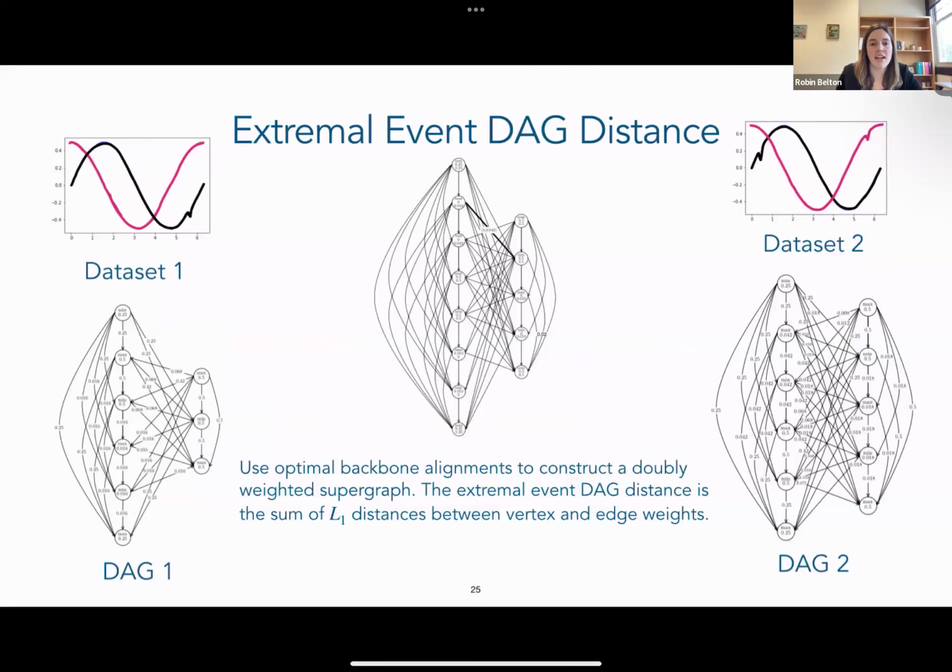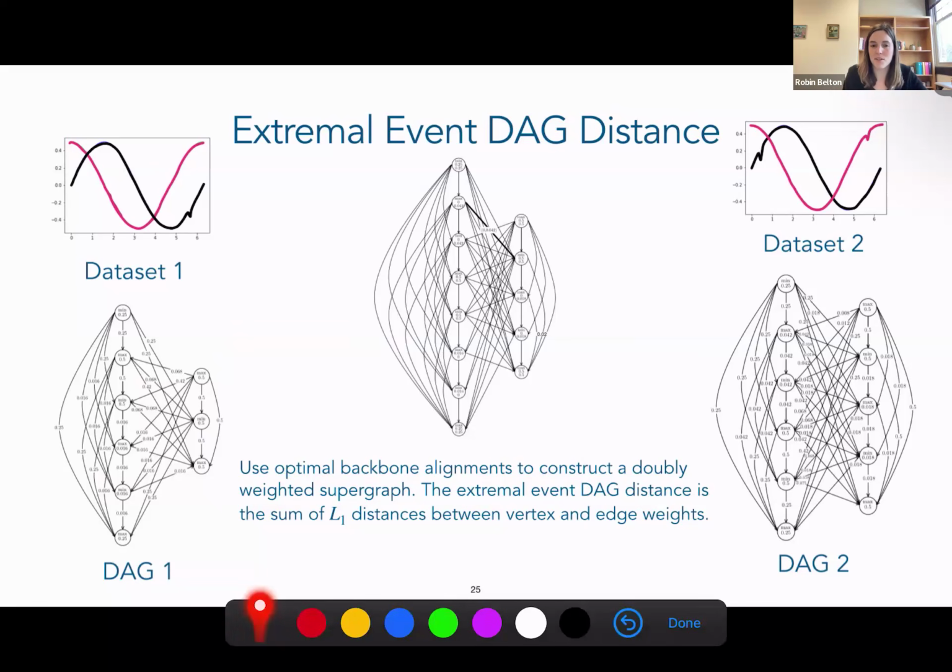Okay. And so now we use these backbone distances to build up to this extremal event DAG distance in this supergraph here. What we do is we first assume that there is a one-to-one correspondence between the functions in our two data sets here. So for here, we could align this cosine function to this cosine-ish function over here.